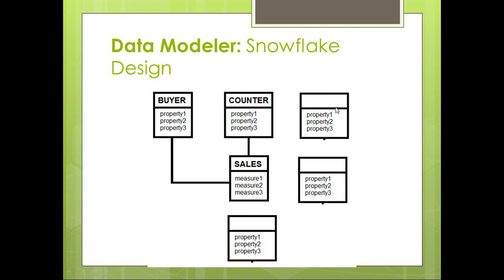So we could have a time dimension, which is actually a very important dimension that's used in most all data marts. That makes sense, right? So you could use joins to derive information from that, and by joining with the time dimension, the counter dimension, the buyer dimension, the sales fact table, the fact table basically will have foreign key references to the different tables and how they're related.